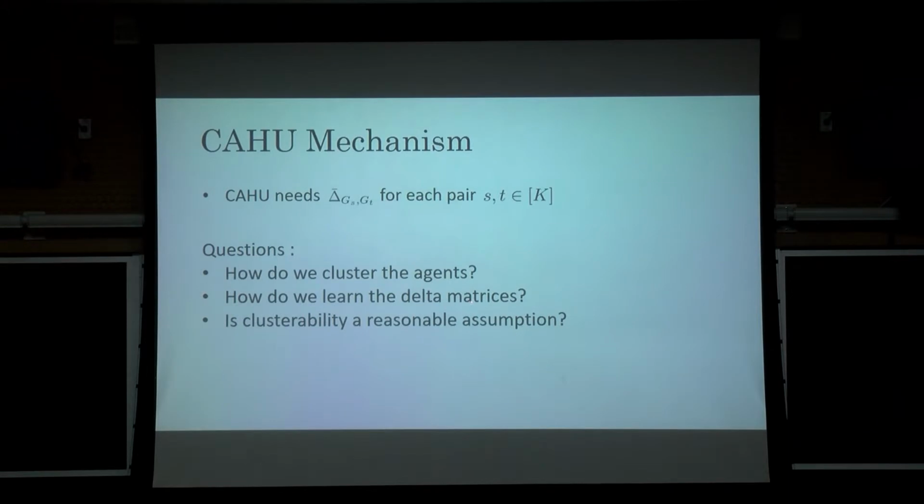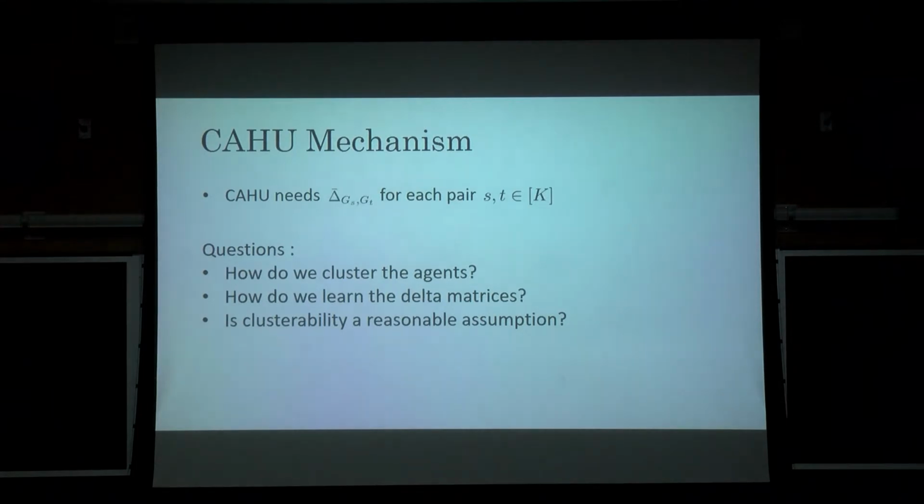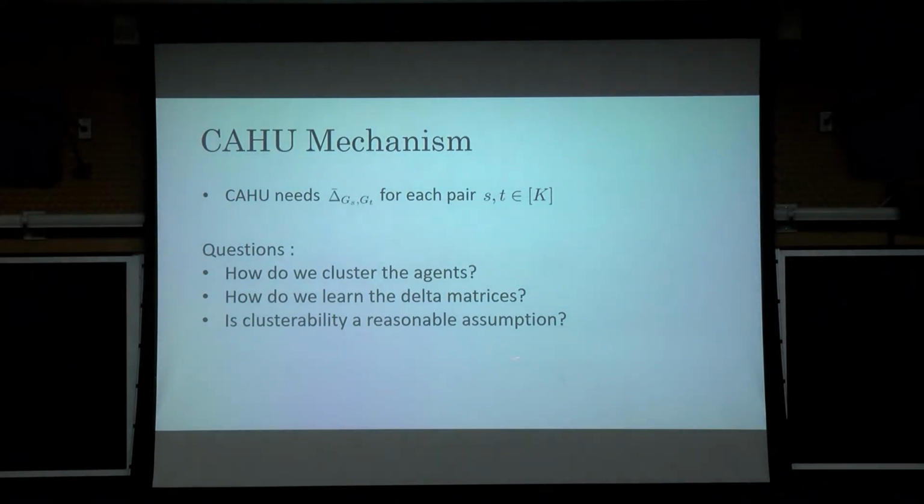One is, how do we cluster the agents? For example, if I pick two users P and Q, our mechanism needs to know the cluster of users P and Q, so how many reports do we need? The second is, once we have determined the cluster identity of the agents, we need to determine the corresponding delta matrices, and how many samples do we need to estimate them? And finally, is it a reasonable assumption?